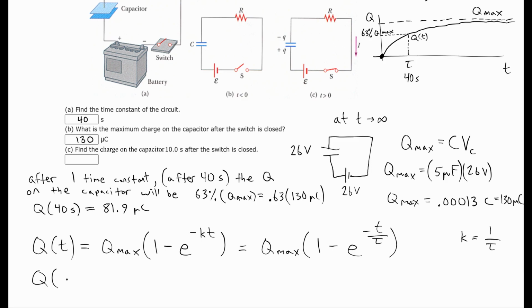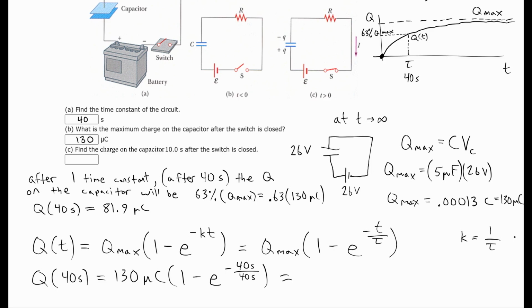So Q after, and I'll do the charge after 40 seconds just as a test to make sure it works. Okay, the time constant was 40 seconds, and I also wanted to find the charge after 40 seconds, so both t and tau are 40 seconds.